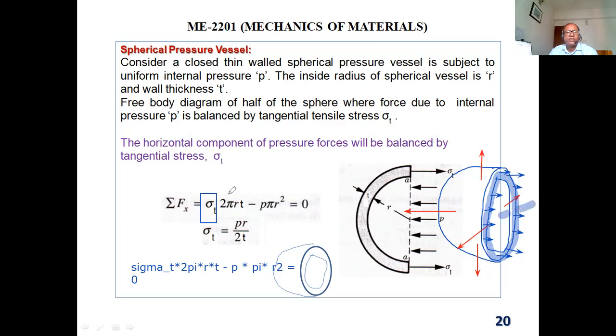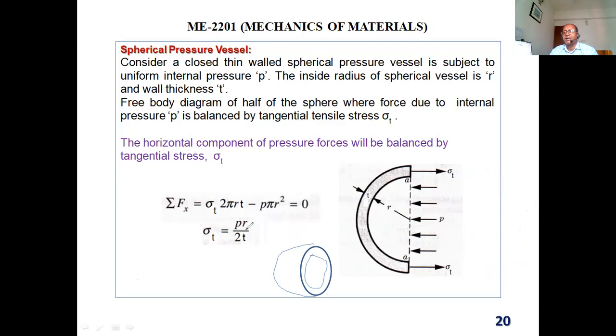You get the area: 2 pi r times t, and along this direction, pi r squared. So sigma t equals P r divided by 2t. This is sigma t, and this is for a spherical pressure vessel. And for a cylindrical pressure vessel, what is sigma t?